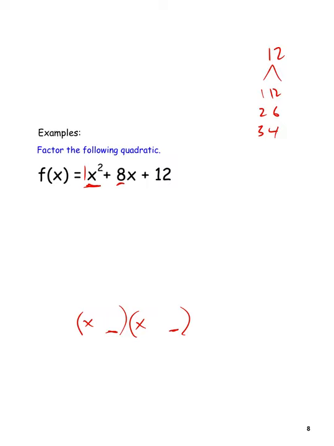So what we're really looking for is which of these multiply. Is it option 1, option 2, or option 3 that multiplies to 12 but adds to 8? And we can see pretty clearly that it's going to be that 2 and 6. So that means this has to be a 2 and a 6. And again, it's plus for both because these are both going to be positive values.